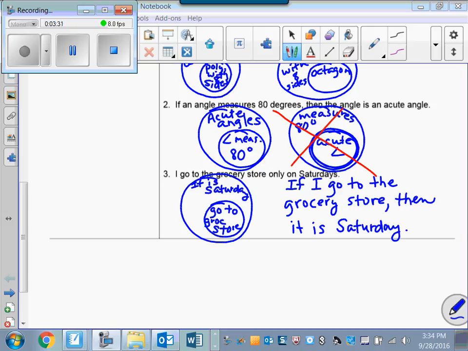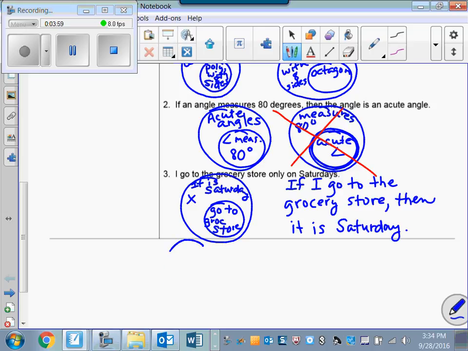I'm betting that a few of you may have written, if it is Saturday, then I go to the store. Now, think about that for a minute. The reason that doesn't work is because the statement says, I go to the store only on Saturdays. So if it's any other day of the week, I'm not going to the store. However, there are other things I'm going to do on Saturday besides go to the store.